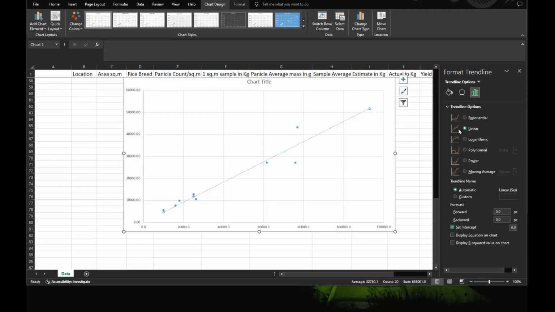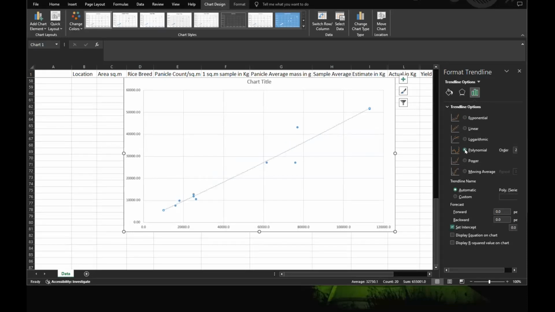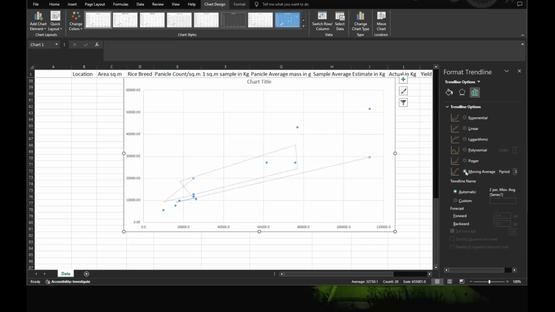And set it for linear, because you could set it for exponential, logarithmic, which doesn't work, polynomial, which sort of works maybe, power, moving average. But linear is it. And set the display equation on chart.